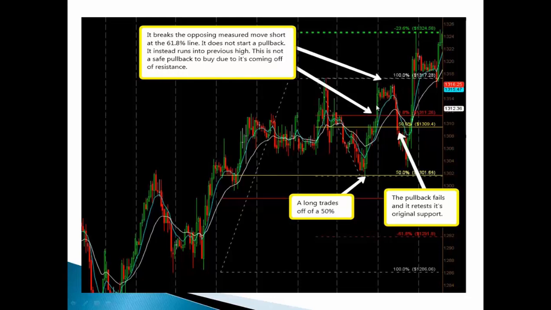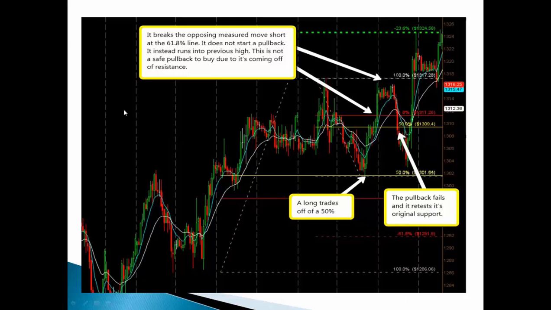As in, if we briefly break the 61.8% line and make a pullback, it's safe to buy the pullback. But if we run all the way into a previous resistance, or just the opposite, sell off all the way back down into a previous support level in a short, we cannot trust that next measured move. As you can see, this pullback fails and it retests its original support before continuing its trend.